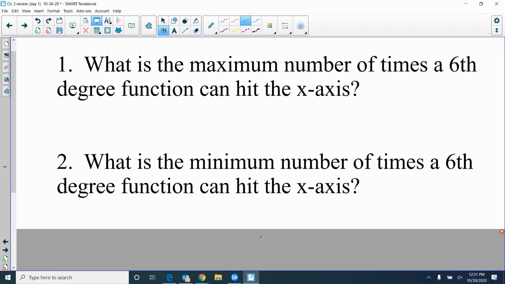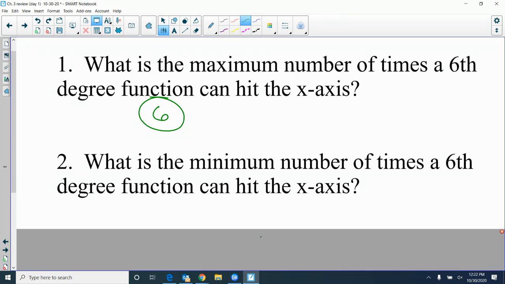Alright, what do you got there for me? Audrey, how about the maximum number? My guess is 5. Might be 6. Now you're gonna say 6. I think it's 7. 6.